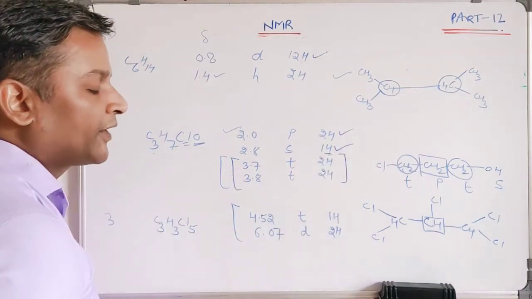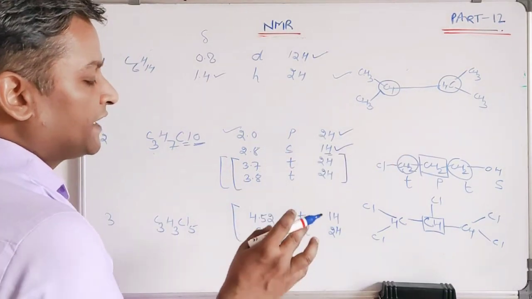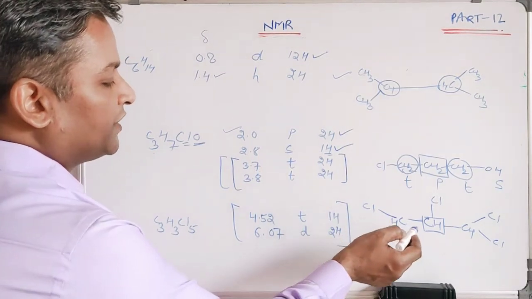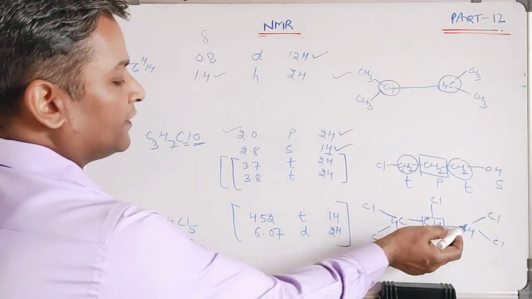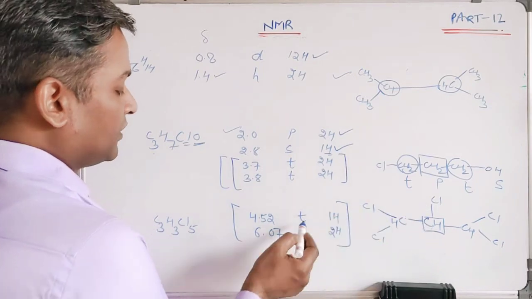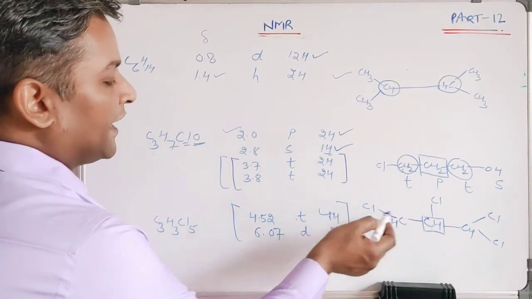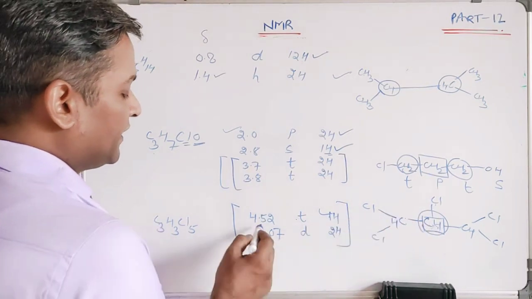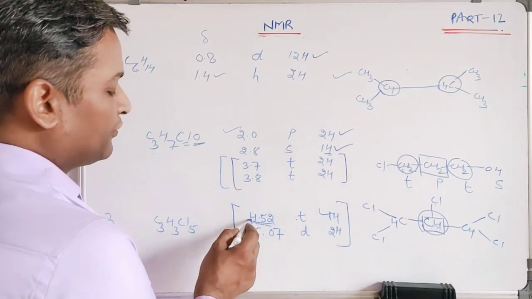You will get the spectra of your compound, justifying and satisfying all your spectral data. You can see here, it will show us a triplet for 1 proton. As you can see here, it is attached to 1 Cl, so the value of this should be less. It is actually less. You can see here the value is 4.2.